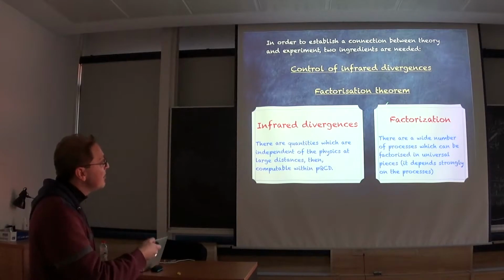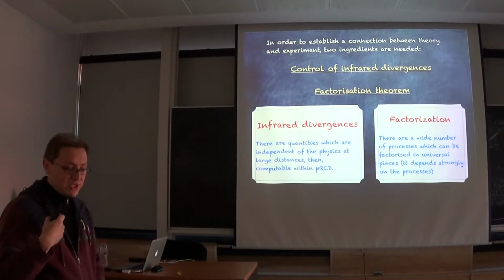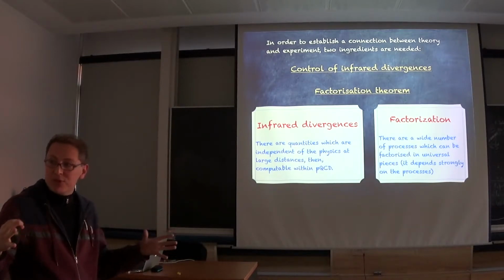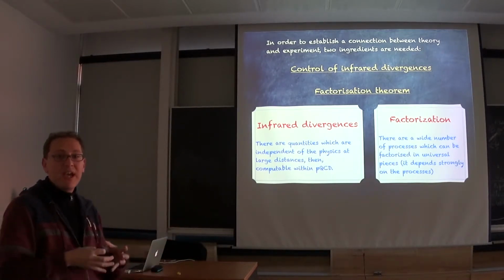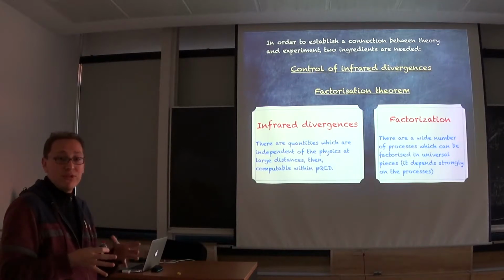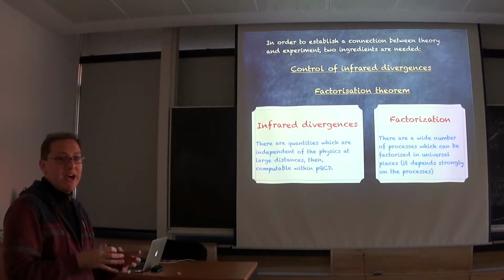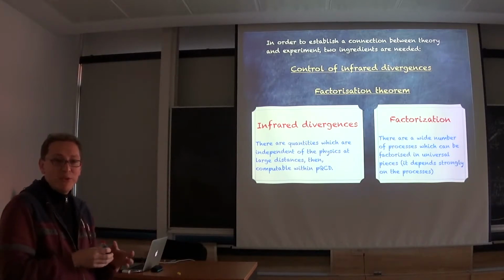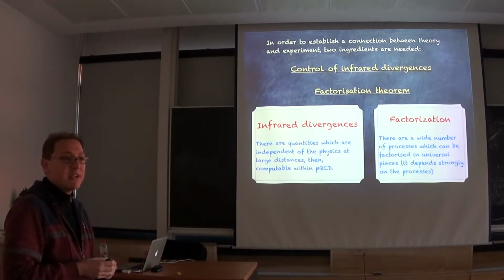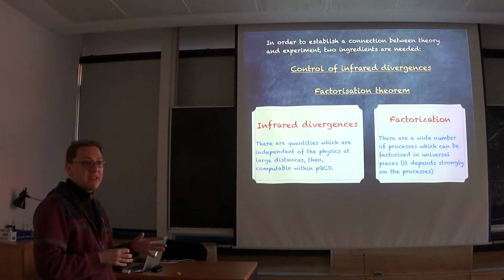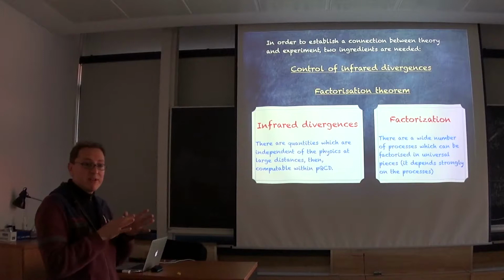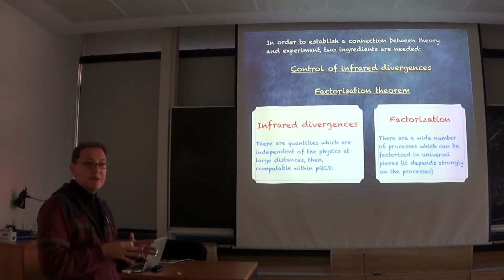And the other problem is that when you want to make a prediction, the factorization that I'm going to use in order to hold everything together has to be true. And we do not know. We use it, and at the end, it turns out that it holds. Theoretically, there are proofs in some particular processes like e plus e minus collisions and semi-inclusive deep inelastic scattering, where the factorization has been proven.